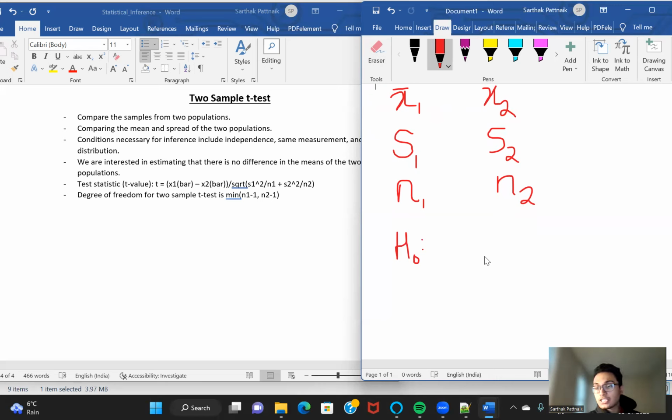Our initial condition is that there exists no difference between the two populations, which means my null hypothesis will be mu1 minus mu2 is equal to 0. This is the null hypothesis that we need to start with when we are doing any problem on a two-sample t-test. The difference between the means of both these populations is 0.